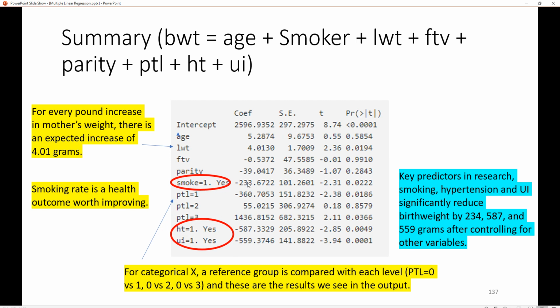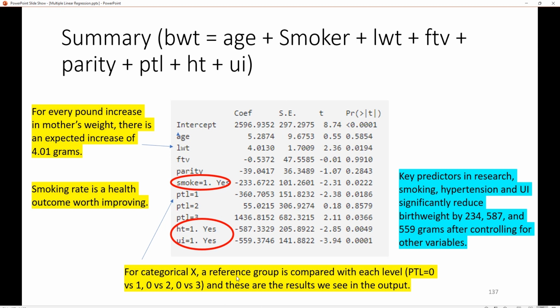So we see smoking is negative 233, RHT, history of hypertension, is negative 587, and UI is negative 559. And we can see on the right that these are significant predictors, the ones circled in red, as well as LWT.